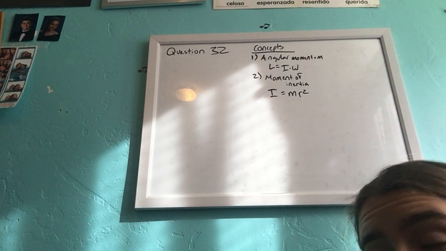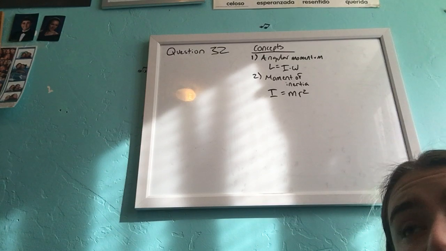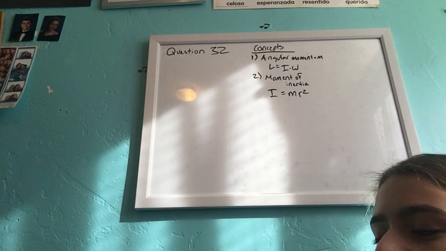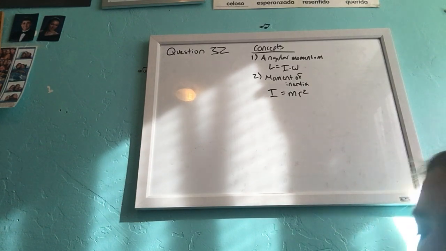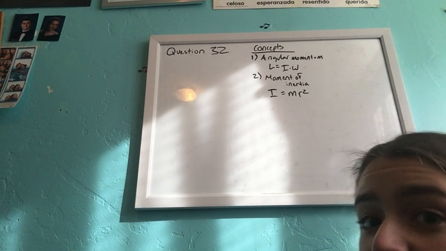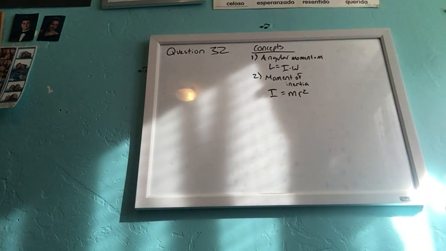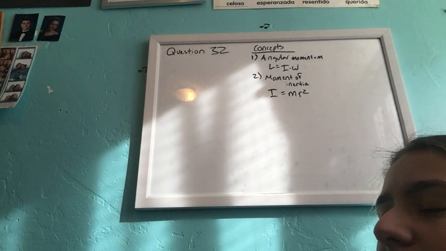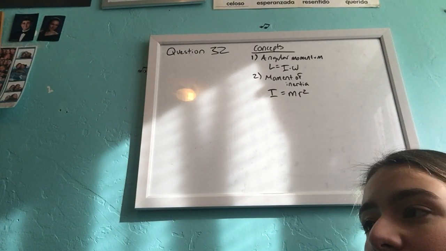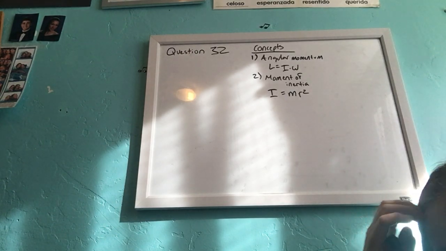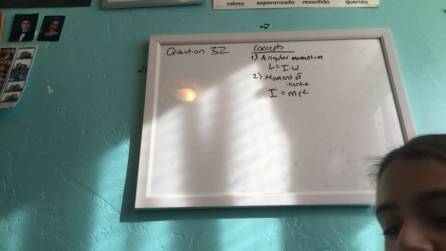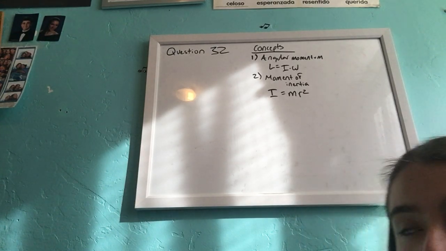And basically, moment of inertia is a quantity expressing a body's tendency to resist angular acceleration. So, like, inertia is basically resisting change in motion. And so, moment of inertia is basically the angular side of inertia, a body's tendency to resist angular acceleration.